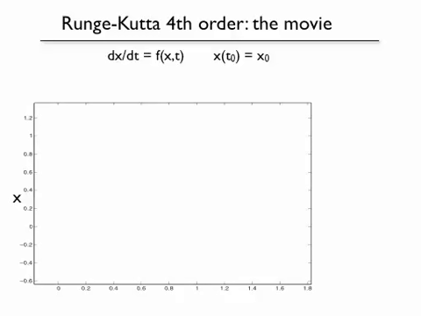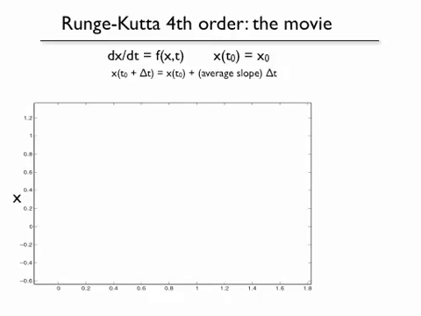What we're going to do is find a way to figure out what x is at some value of t0 plus delta t, because if we can do that, then we can keep repeating that on and on until we have x of t at all times t.